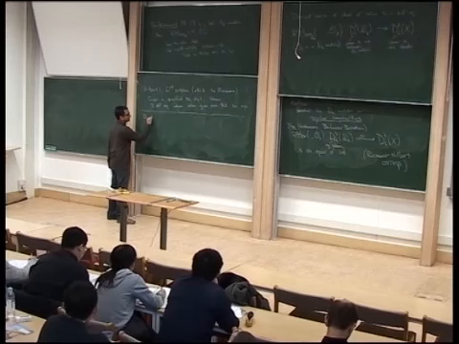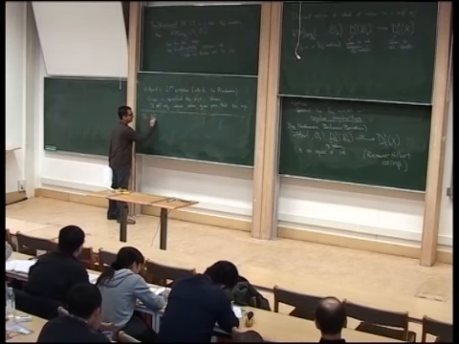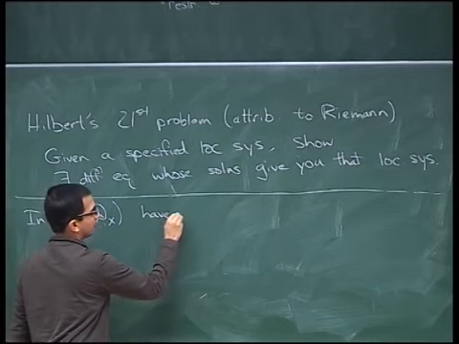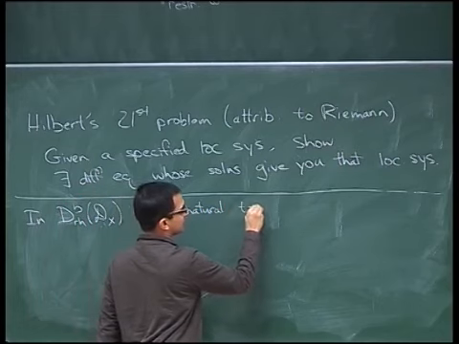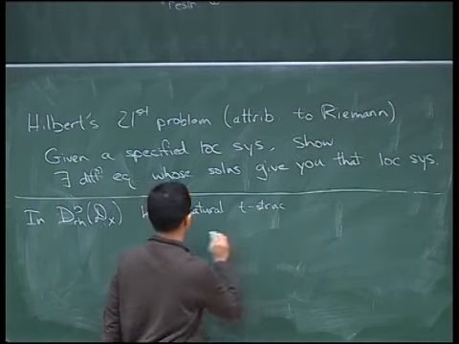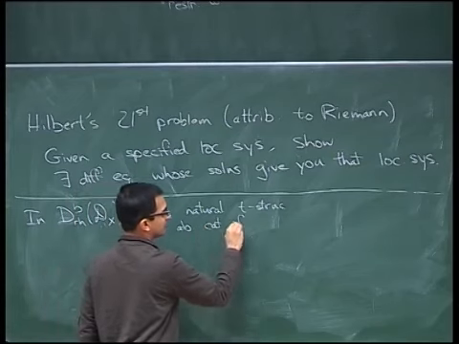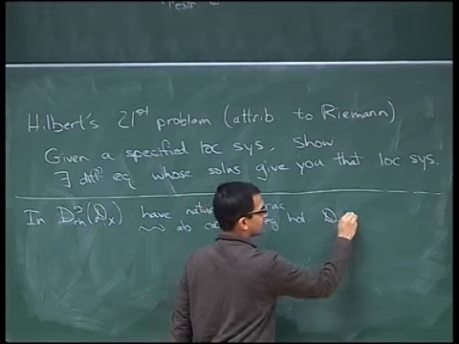So in D^b_RH(D_X), we have the natural t-structure, which gives you the abelian category of regular holonomic D_X modules.